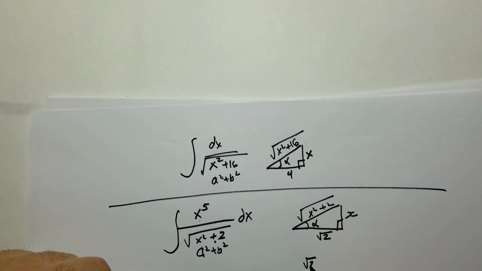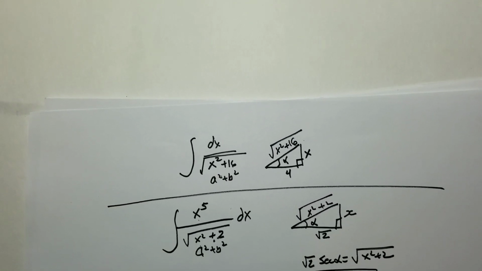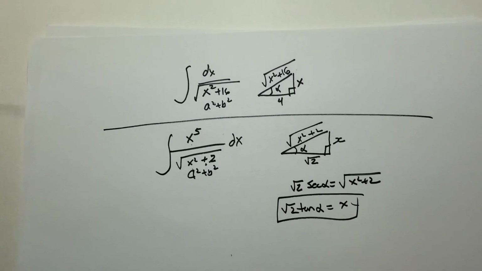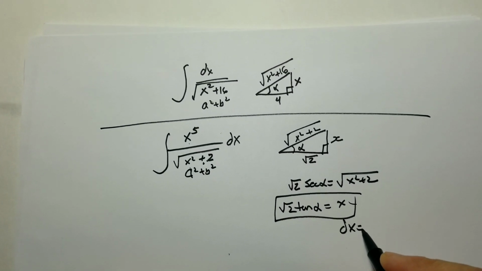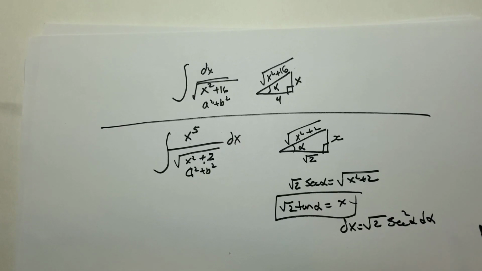Therefore, square root of 2 secant of alpha is the square root of x squared plus 2. The tangent of alpha is x over radical 2. That's my helping equation.